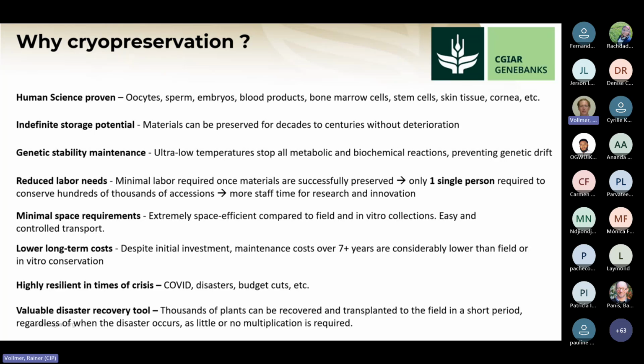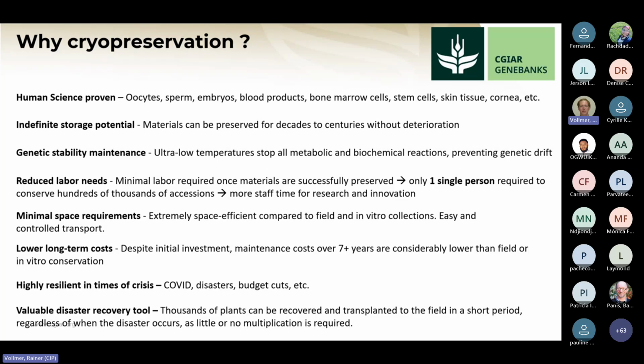Then, of course, there's no time limitation of conservation. The material stays genetically stable. And then the reduced labor needs. This was very, very impressive when we went through the COVID times.